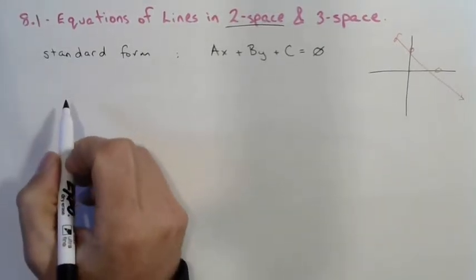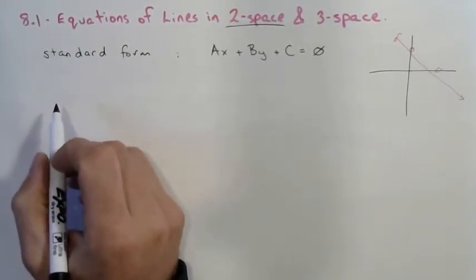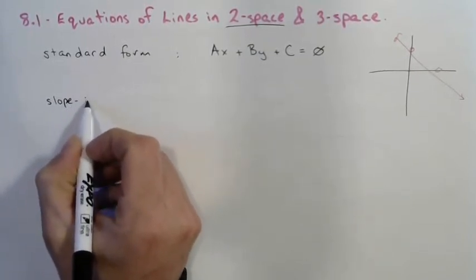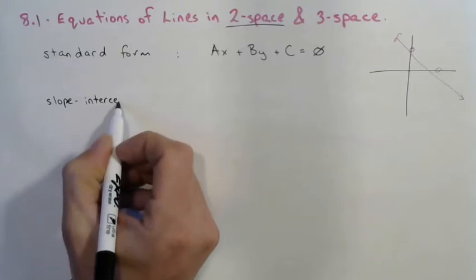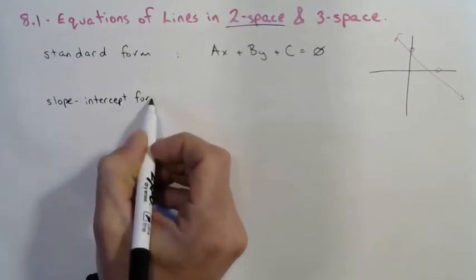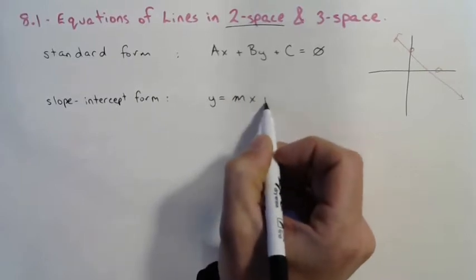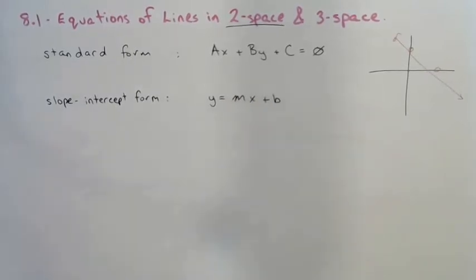Another way that we do this is using the slope-intercept form. This is the famous y equals mx plus b, where m is your slope and b is your y-intercept.